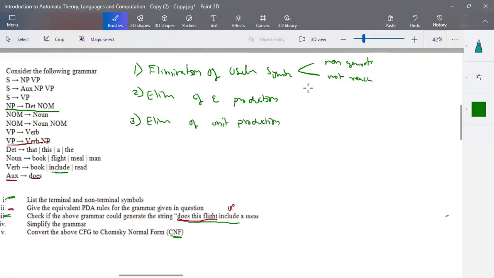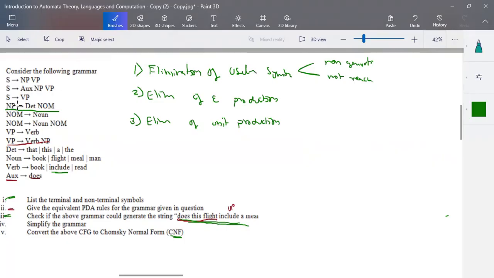Now take the first one. We have to verify whether all the elements are generating and all the elements are reachable. How do you check something as generating here? When you are drawing a parse tree, when it derives to some set of terminal symbols, it is generating. See, in the last example, we start from S and we derive to this input, right? So we can say that S is generating.